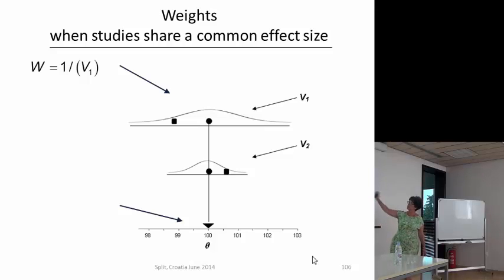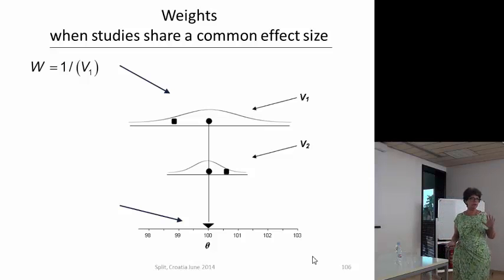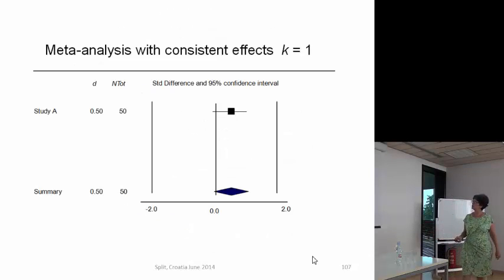Okay? So each study gets a weight that's based on the inverse of the variance, also known as precision. If those terms hurt your head, you can think of it roughly as sample size. So larger studies carry more information value. And let me demonstrate that for you. Let's say we have a single study.